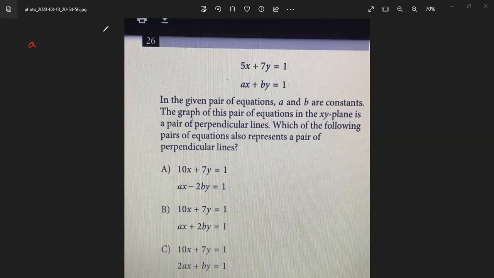In general, we can explain this concept. Say we have ax plus by equals 1. The slope of this straight line, as a standard formula, equals the negative coefficient of x over the coefficient of y. Take the negative of the coefficient of x, and if it is negative, make it positive, over the coefficient of y.